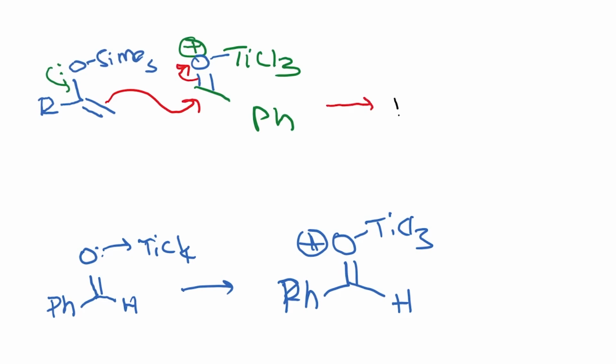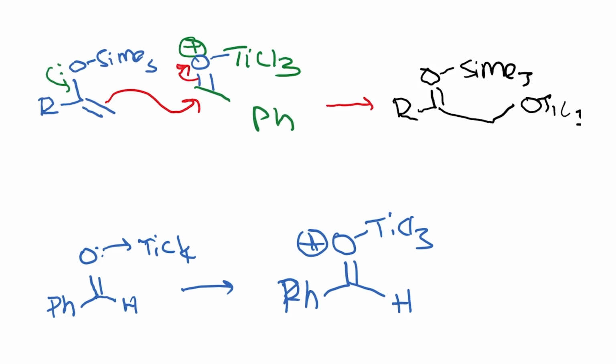So the product that we would get is O SiMe3, O, titanium Cl3 is still there, and then the Ph is still here. Okay, so I'm just going to redraw this on the next page so you can look at it once again, right? So let me just redraw this intermediate for our convenience.